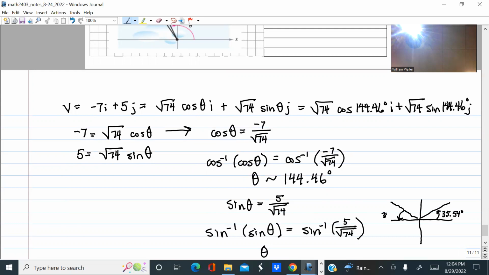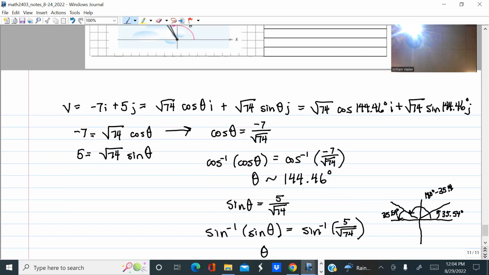So in the second quadrant, we want this angle whose reference angle is 35.54. So what big angle is that? Well, just take 180 and subtract off 35.54, right? That would give you the angle that you're really looking for.